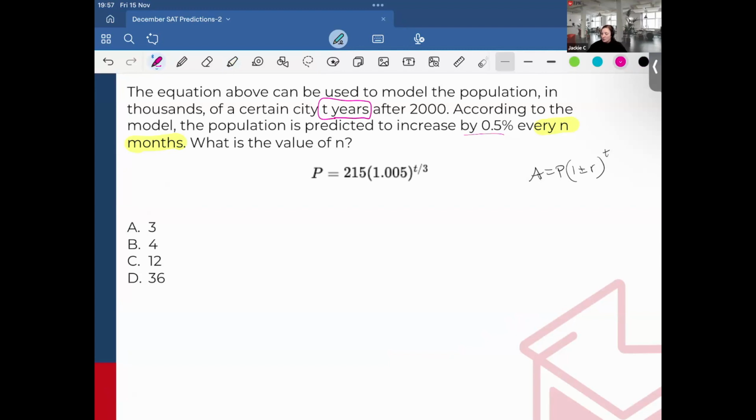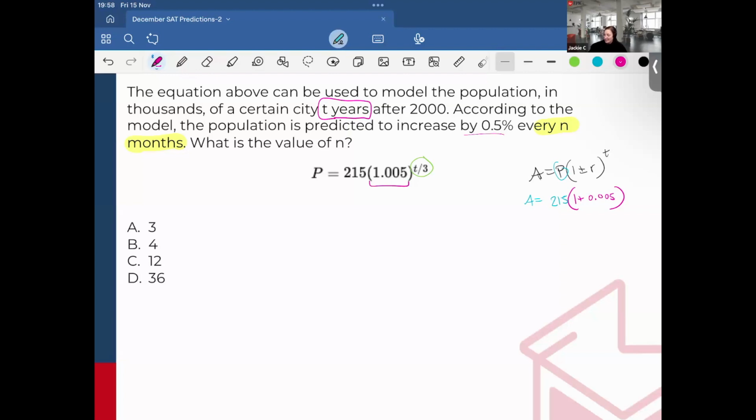Okay, so first things first, this part of the equation would be the 1 plus 0.005. So that's where that comes from. The starting value, p, would be the initial value or starting point of the population. And I need to decipher what t over 3 is.